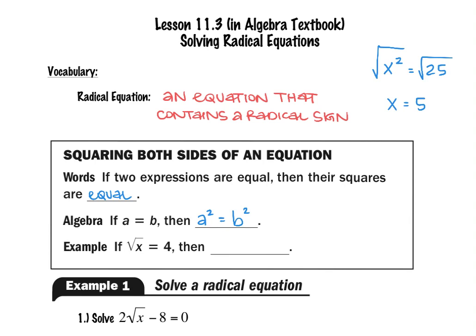So if I have that the square root of x equals 4, then to undo that square root or that radical sign, I need to square that side, because the square root sign and squaring a number undo each other, so this would just be x. But just like with all equations, whatever you do to one side, you also have to do to the other side, and so 4 squared is 16, and so the solution to that equation would be that x equals 16.